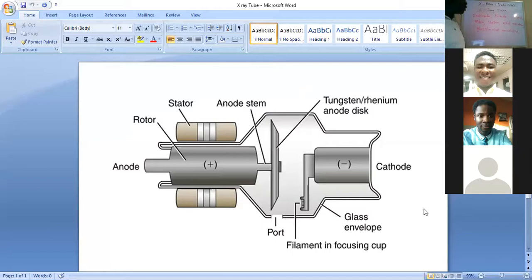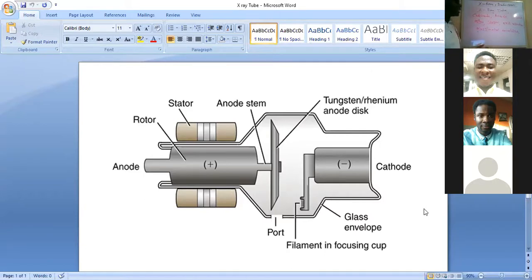The fixed anode is usually used in equipment that doesn't require so much tube loading, that is, equipment that we don't use so much, like some mobile X-rays and some portable fluoroscopy machines, like some C-arm fluoroscopy.